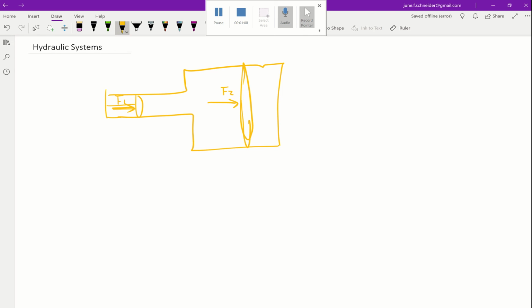What happens in the system is when a force is applied at one point, it's going to create pressure. For example, at this point 1, it's going to create F1 divided by area. The pressure is applied at this point, and it's going to be transmitted through the fluid to another point, so it's going to have the same pressure here, F2 over area 2.